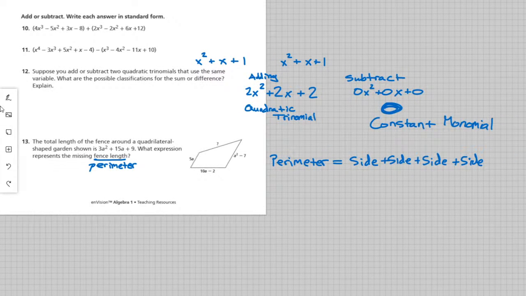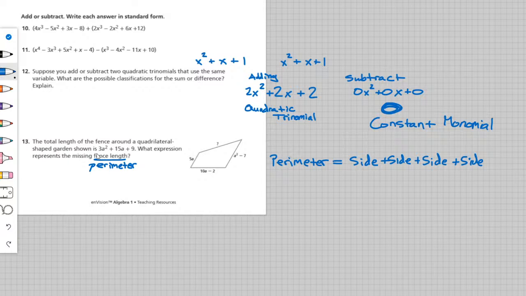So I know what my total is: it's 3a squared plus 15a plus 9. That's my perimeter, the total length around this. I know that one side length is 5a.